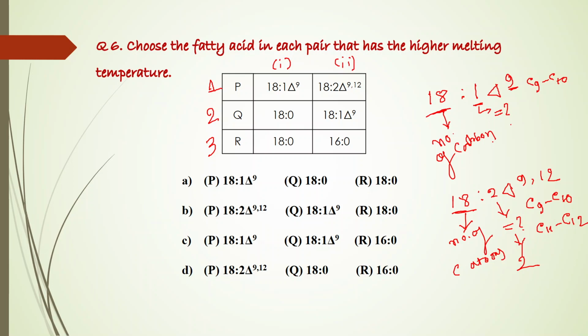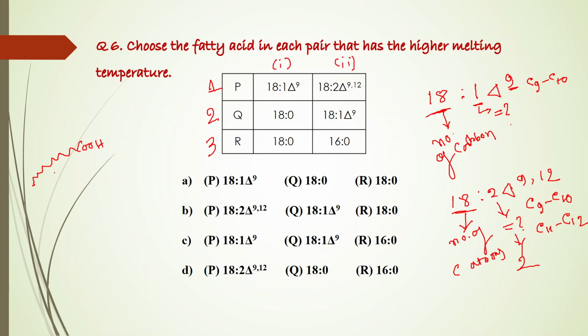Fine. Now we all know how many carbon atoms are there, how many double bonds are there, and so on. How can you relate this to the melting temperature of the fatty acids? If you remember your lecture materials, it is clearly told what the general structure of a fatty acid is. You have your COOH group and then a long hydrocarbon chain.